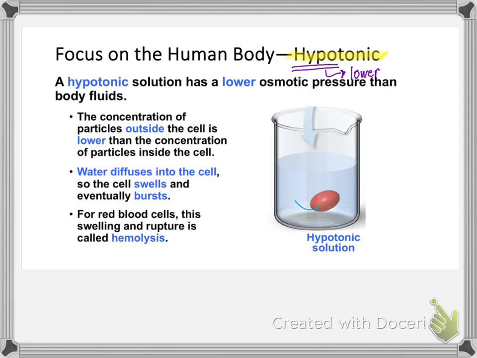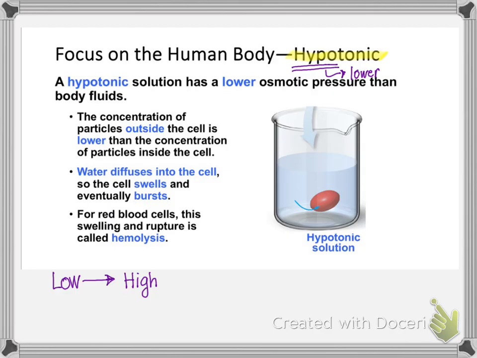Now what we need to remember is the water will flow toward the side that has higher osmotic pressure, or higher particle concentration, either one. And the red blood cell itself is surrounded by a membrane. Okay, so we're flowing across that.